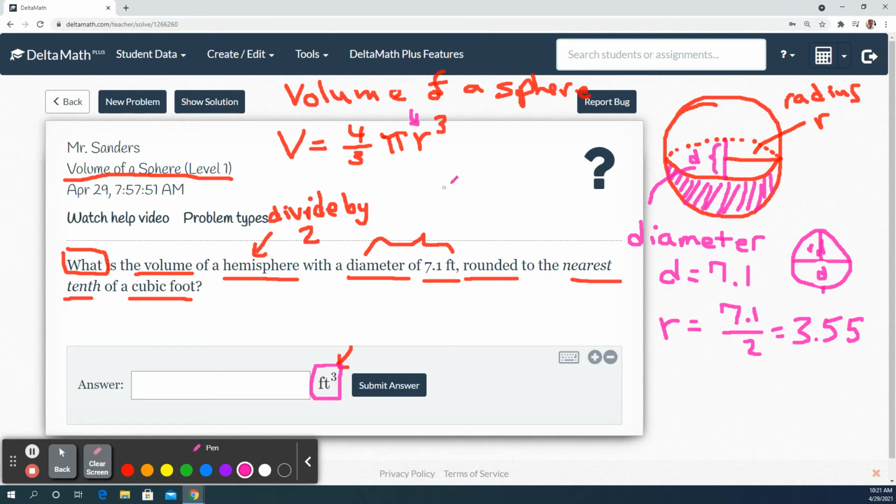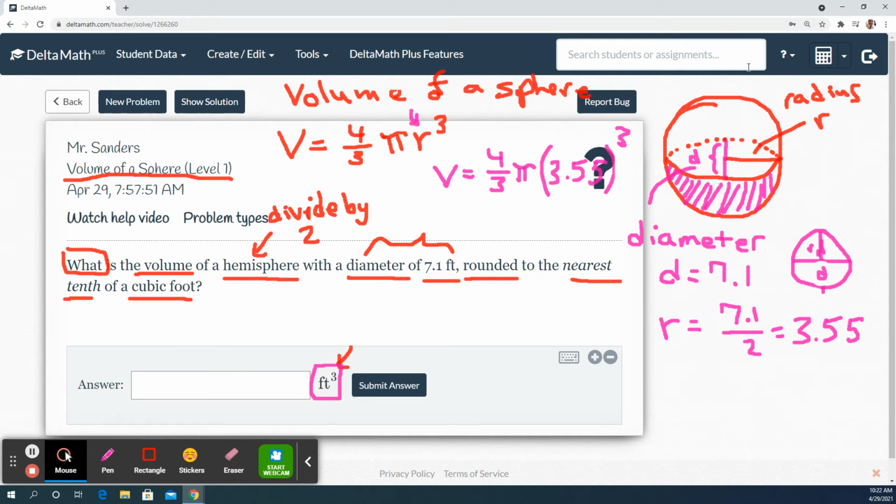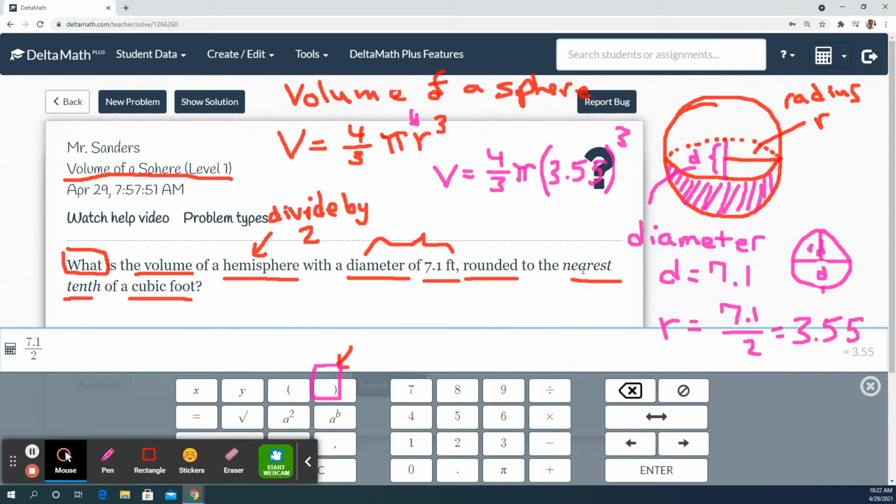So now let's go ahead and plug everything in. Volume is equal to 4/3 pi. Now instead of r, we use 3.55. We have to use parentheses, 3.55, and all that gets cubed. Now we do 3.55 cubed.